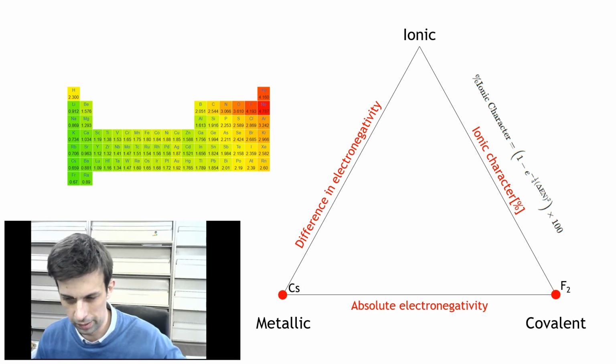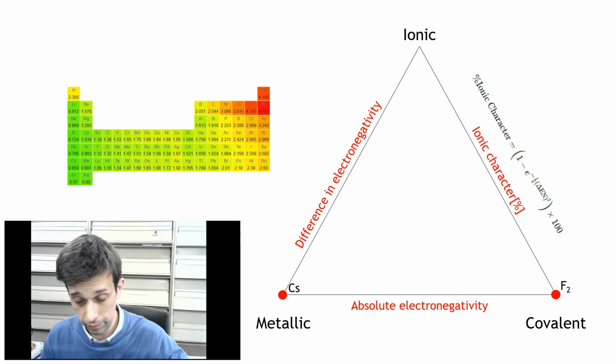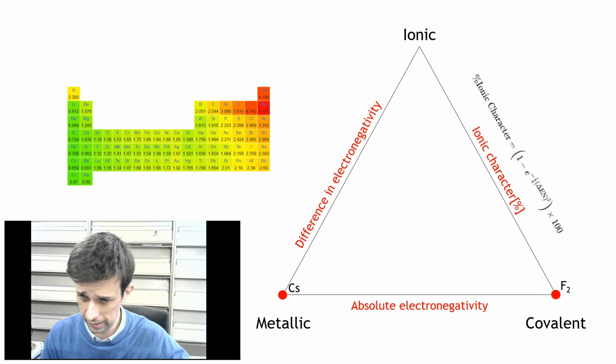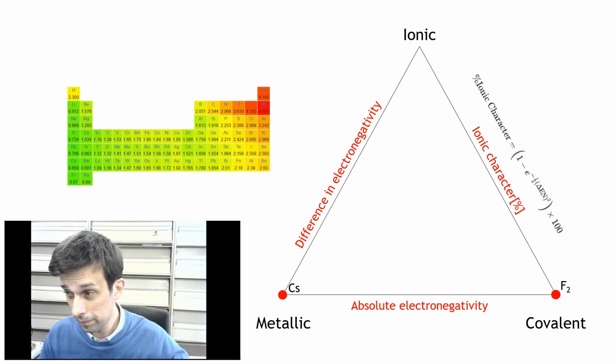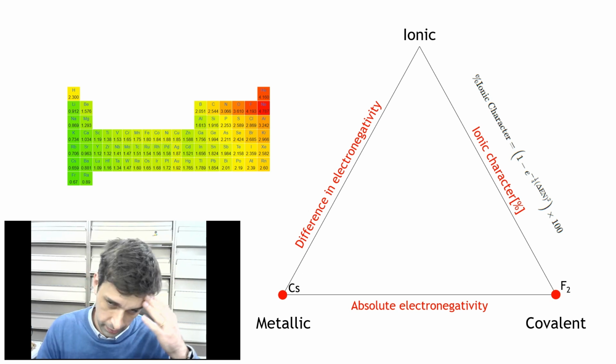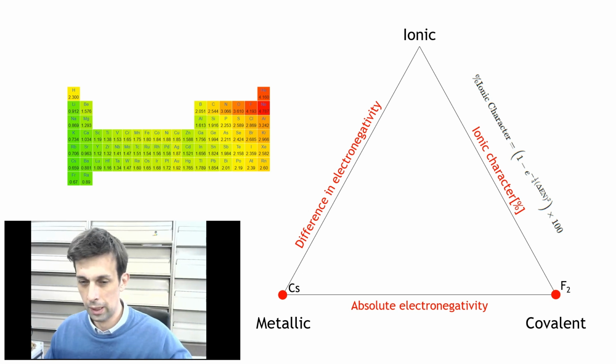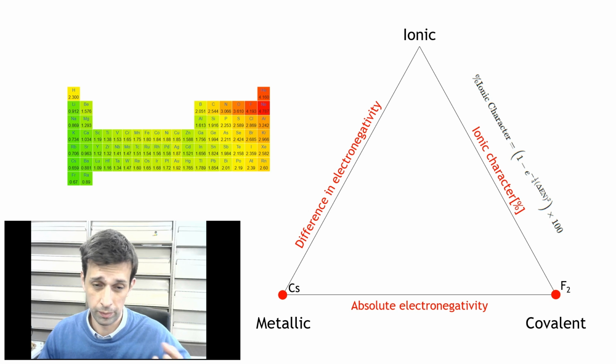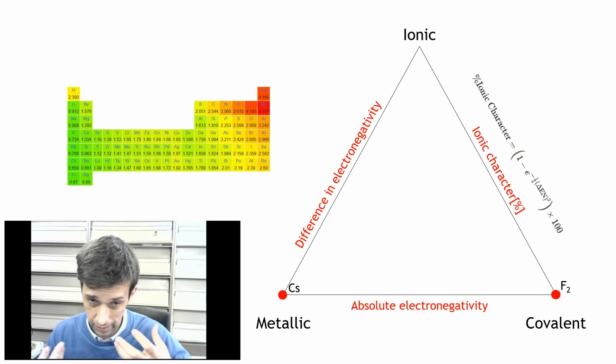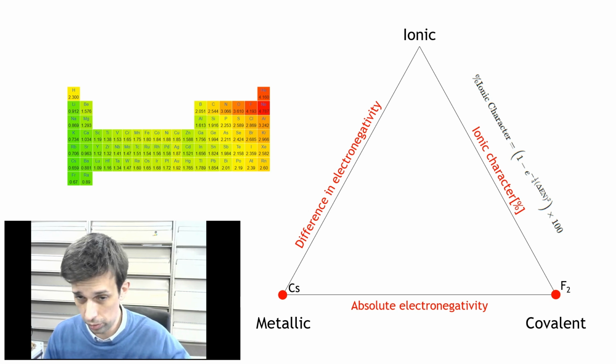In the case of fluorine, there is a sort of strong bonding between the atom and the electrons surrounding it, because the electronegativity is very high. So the electronegativity represents this strength, this force. In the case of metallic materials, the bonding between the nuclei and the electrons is much more loose.